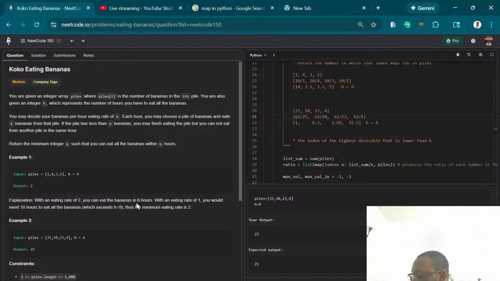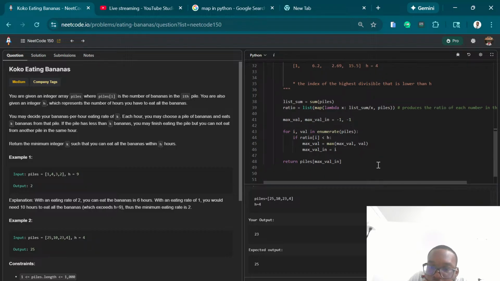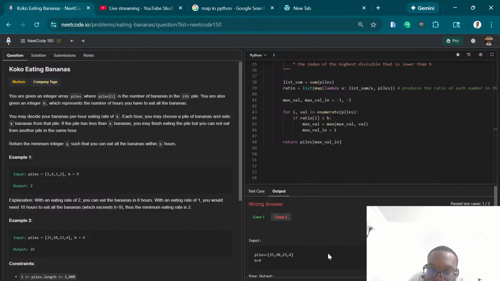Are they doing okay, per hour is 60? I don't get what's going on. I don't want to just give up easily. How many minutes have I spent on this? 45 minutes. If I don't get it in 5 minutes, then I'll have to.